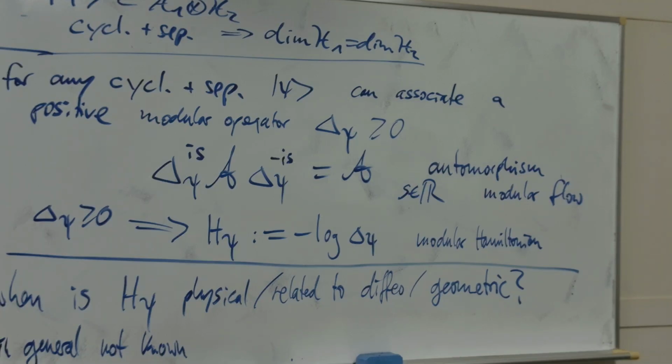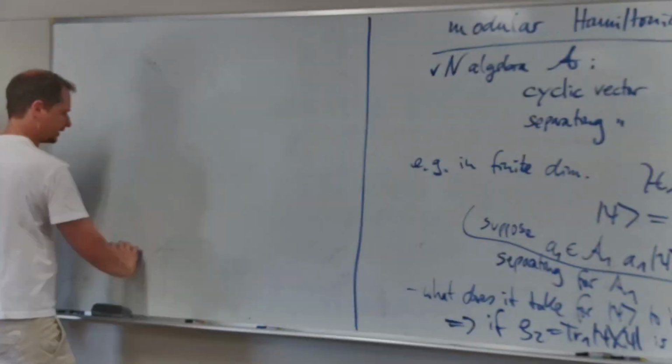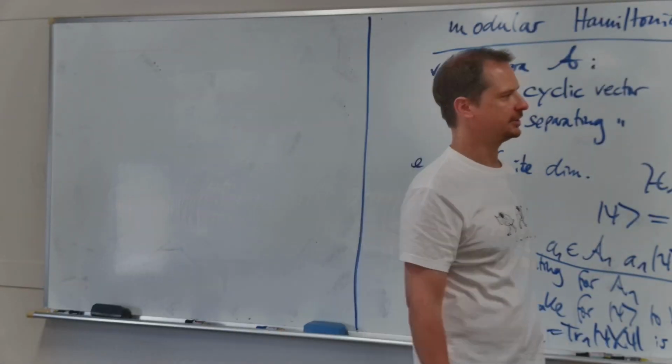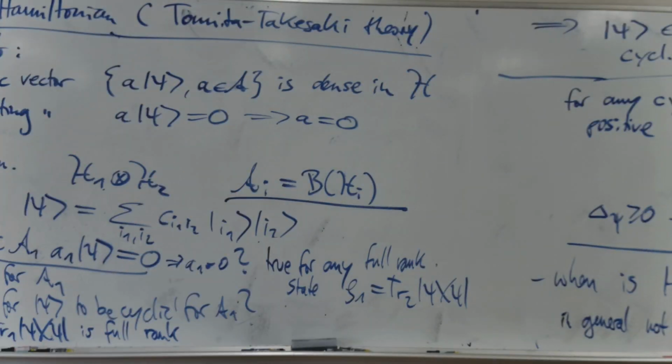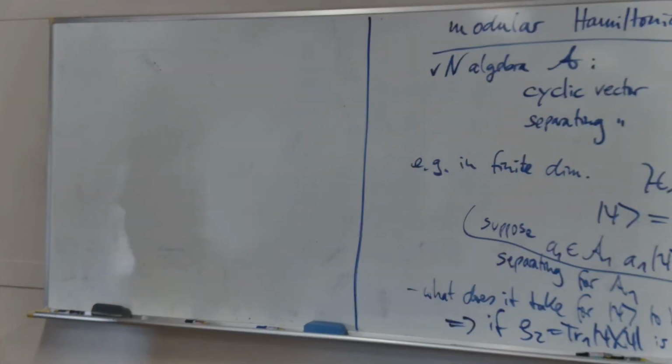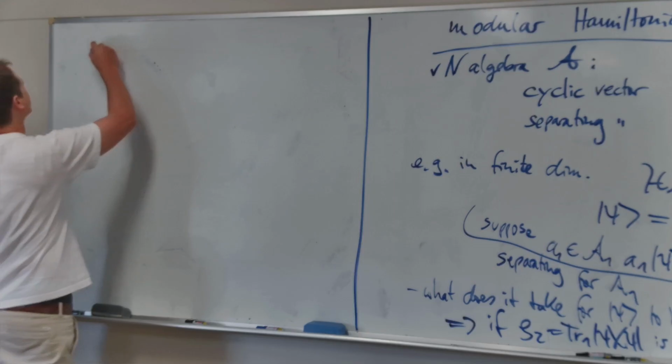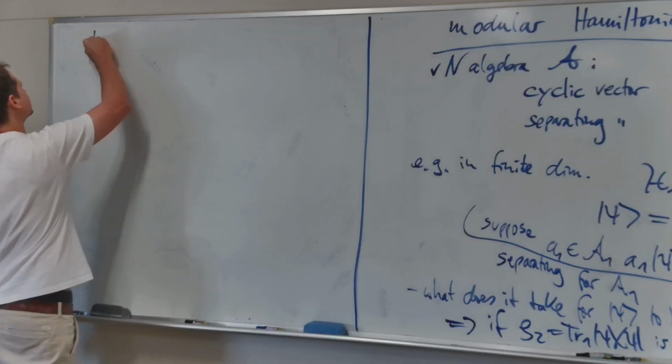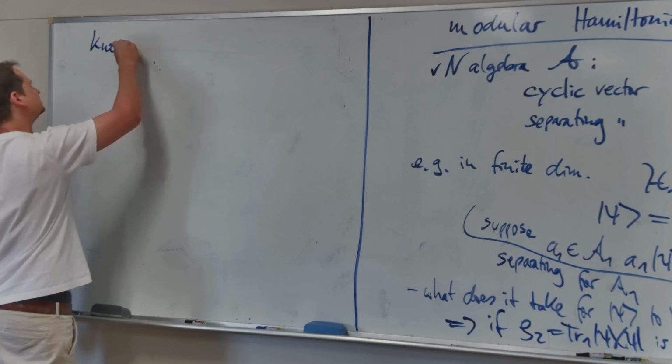And of course in relation to this whole business that I'm describing here, with crossed products and so on. But it's a hard problem, and in general one doesn't know the answer, but it's known for some examples.